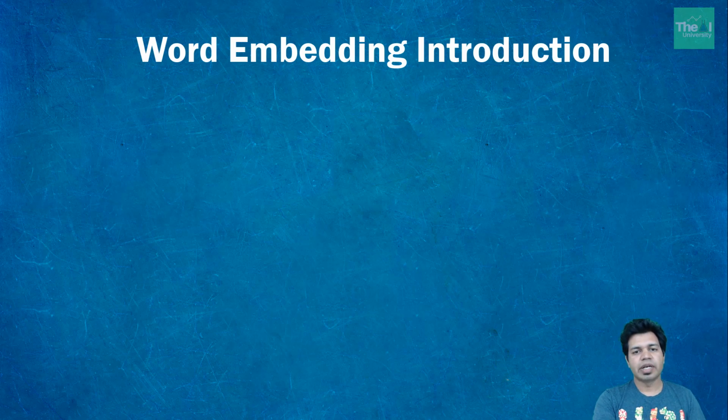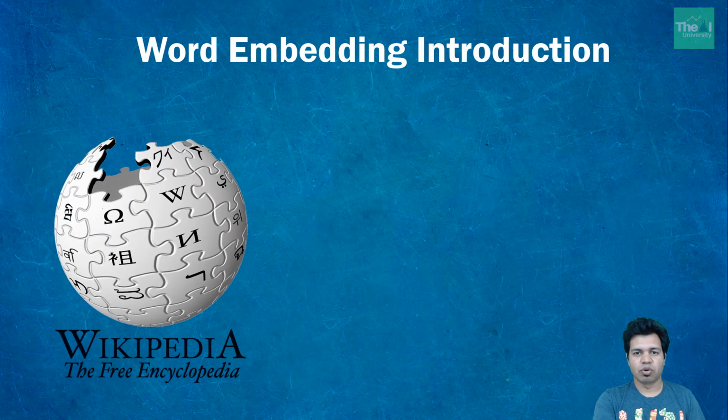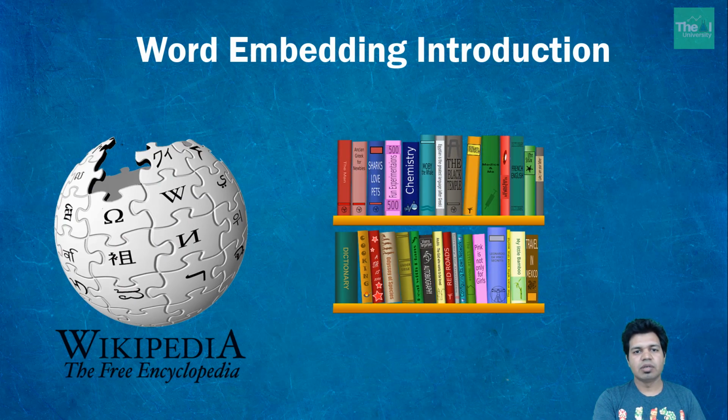The corpus of data that you feed into this model is typically all the topics and articles on Wikipedia or thousands of books. The machine learning model should have many examples of how a word is used in different contexts in order to establish the semantic relationship and the meaning of the word correctly.